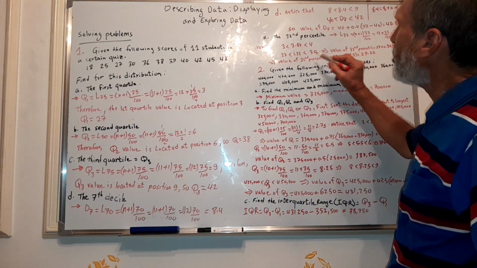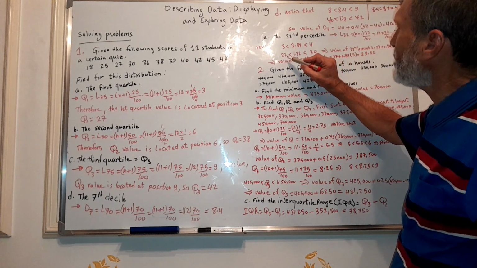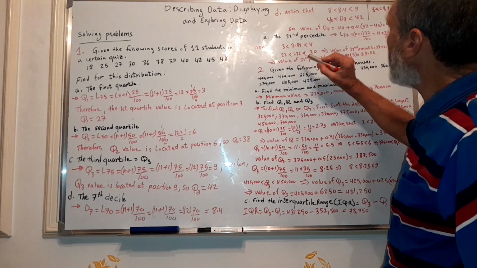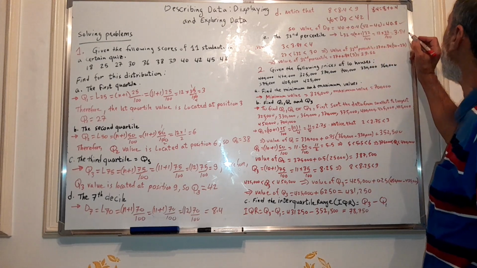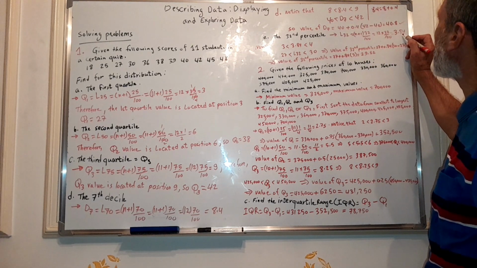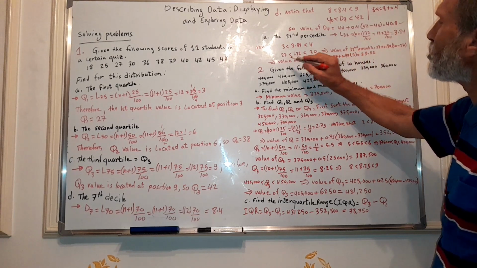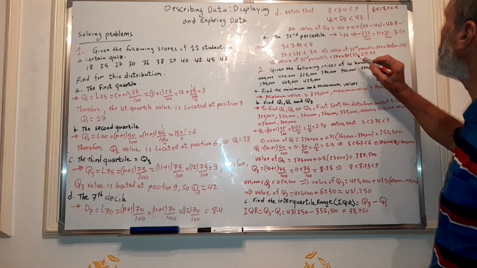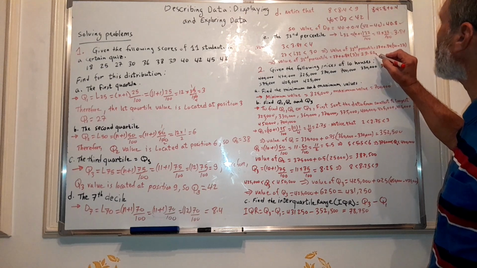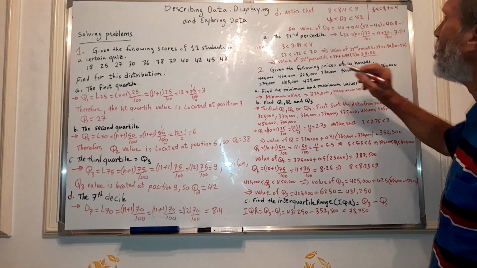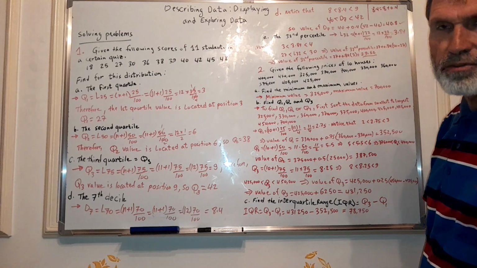So the value of this 32nd percentile is going to equal 27, of course, plus 0.84 times 30 minus 27, which is 3. So we have 3 times 0.84 plus 27, we get 29.52. And this is the value of what? Of the 32nd percentile: 29.52.